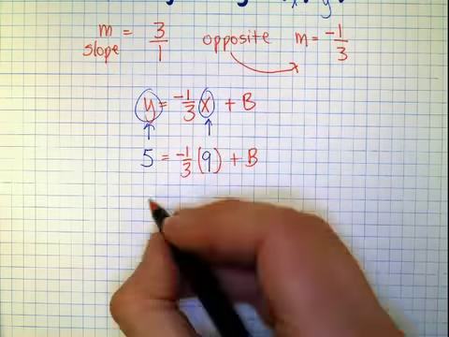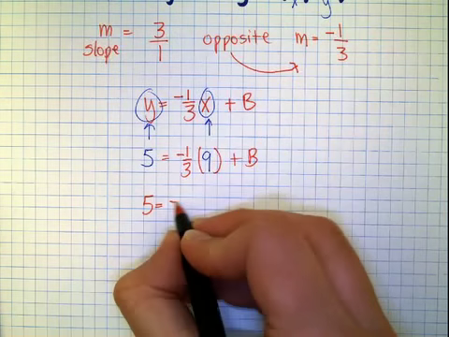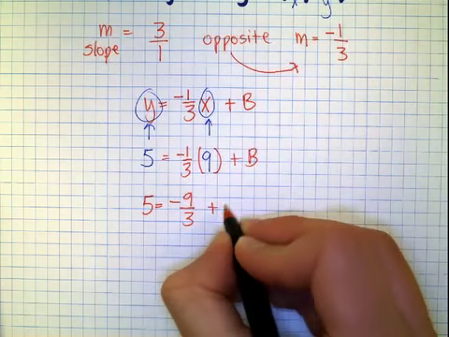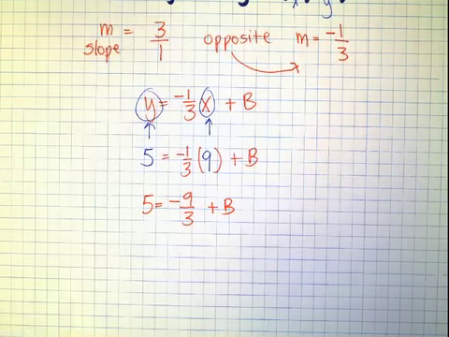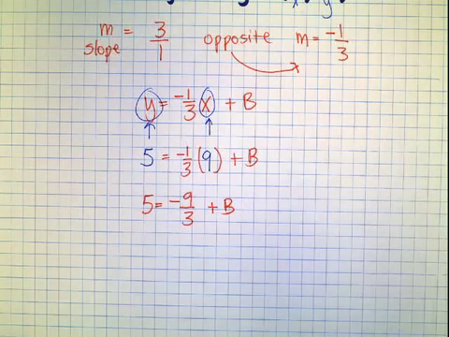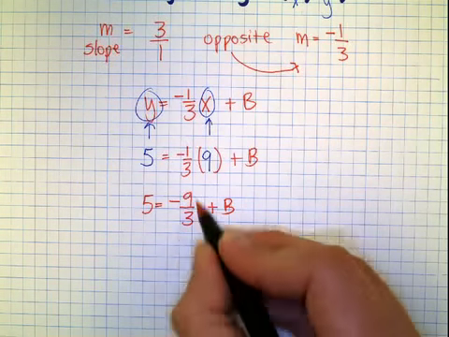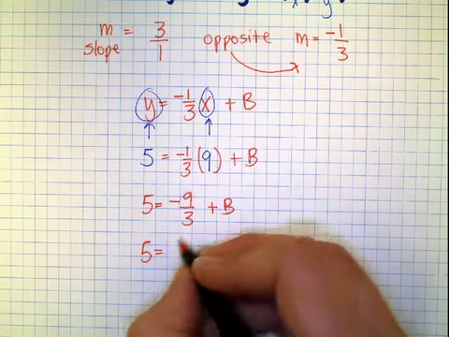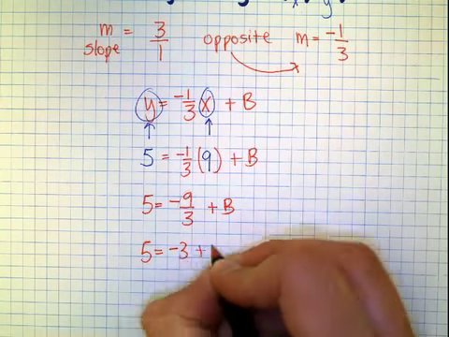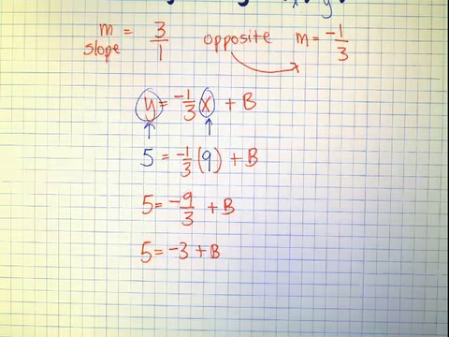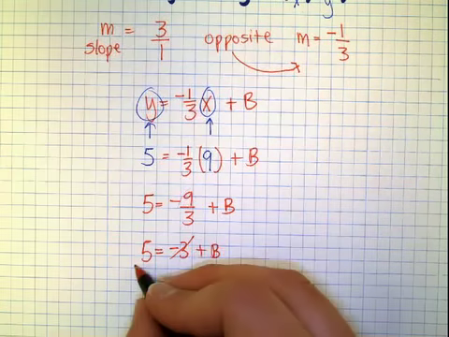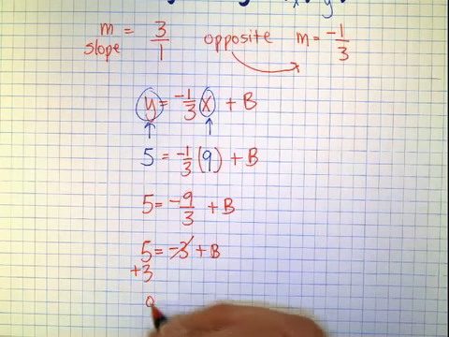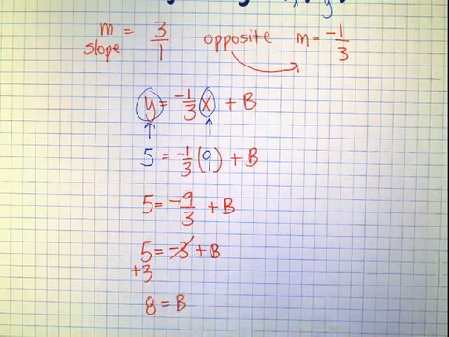So 5 equals negative 1 times 9, which is negative 9, over 3 plus b. And because fractions mean division, this means negative 9 divided by 3. So 5 equals negative 3 plus b. Then to solve, add the 3 to the other side, flip it over to a plus 3, and 5 plus 3 is 8. So I get 8 equals b.